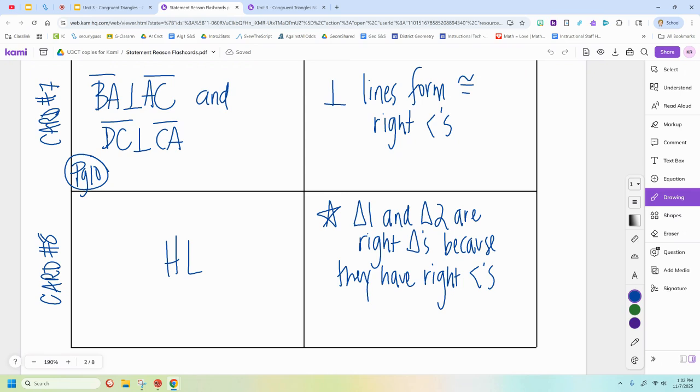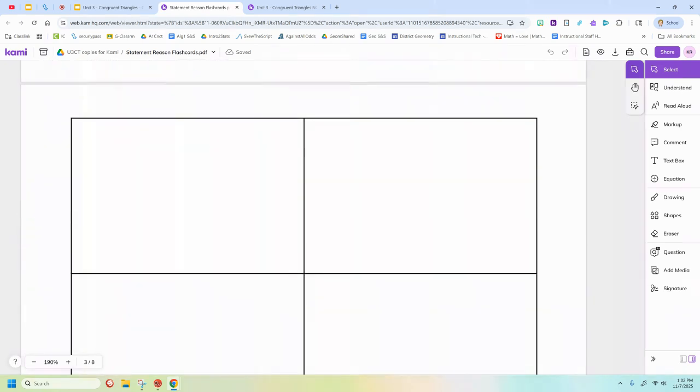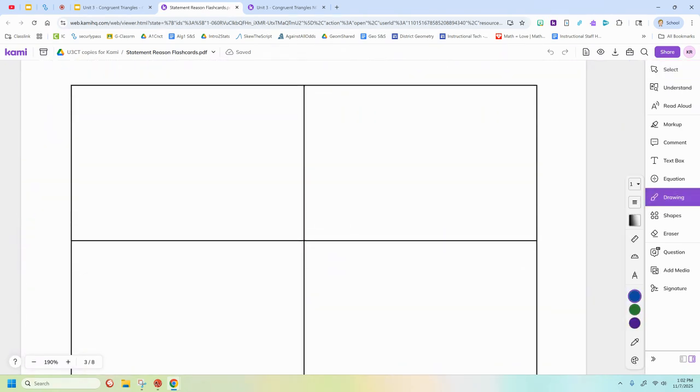We definitely still have some more things to learn, and I'm also going to give you additional resources. So we're doing card number 9, card number 10.